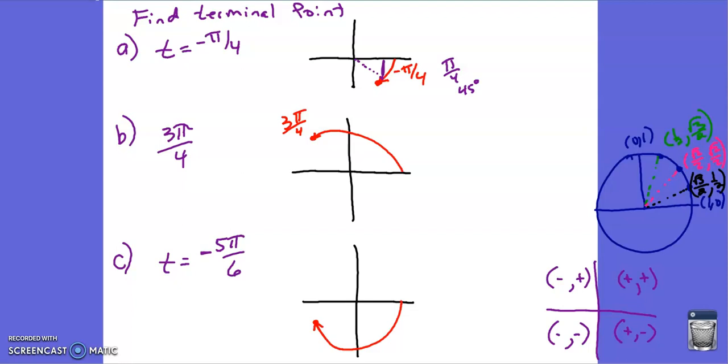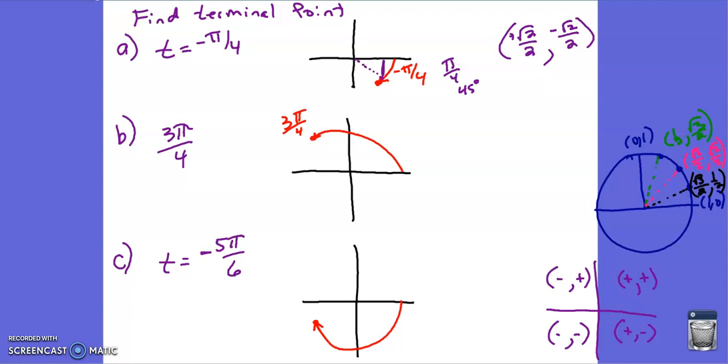So that's the same thing as this pink one, square root of 2 over 2, square root of 2 over 2, but notice it's in the fourth quadrant. So the terminal point would be positive square root of 2 over 2 and then negative square root of 2 over 2. Again, it's a 45-degree angle, that little pink one I have written up there, but it's in the fourth quadrant, which means it's going to be positive and then negative.